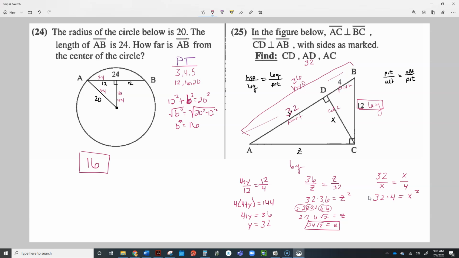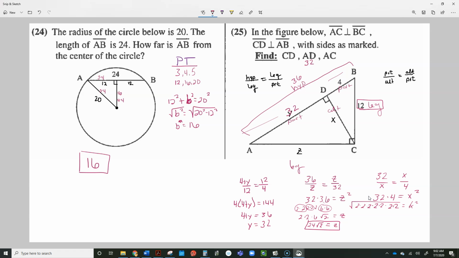And again, I'm going to factor this one the same way. 4 is a perfect square, this is 2 times 2, and 32 is 5 2s. So 1, 2, 3, 4, 5, 6, 7 2s. That's equal to x squared.